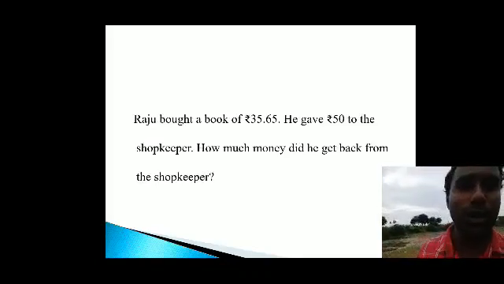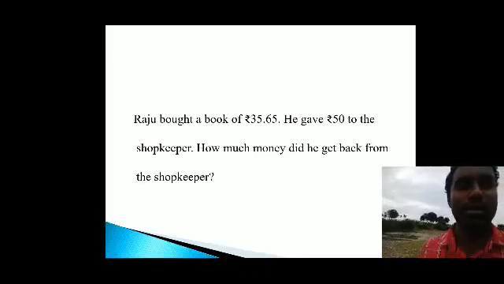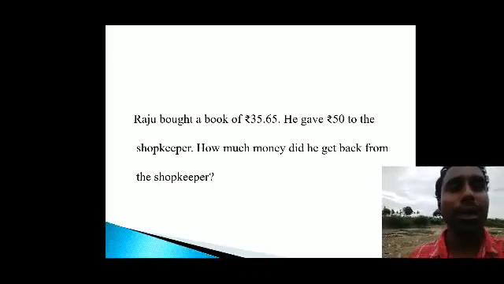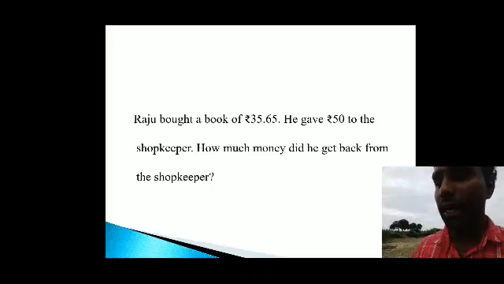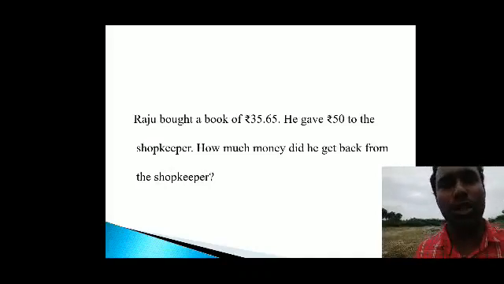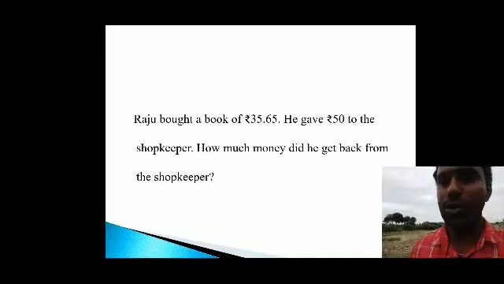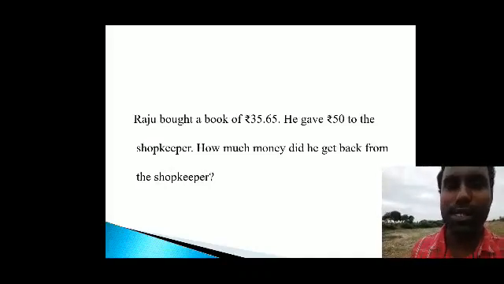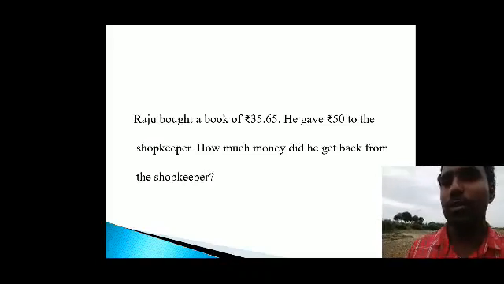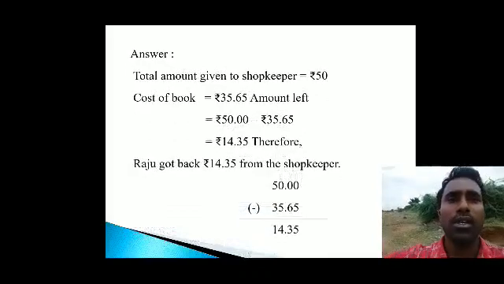That book costs 35.65 rupees. So how much money did he get back from the shopkeeper? We have to subtract from the total amount Raju has the money he spent. Okay, so you have to see the solution.